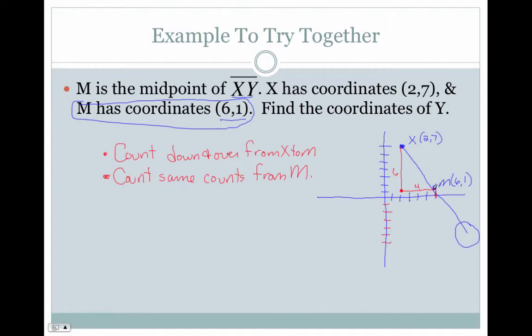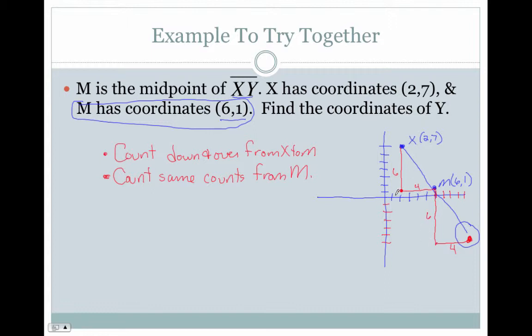All right, let's see. 1, 2, 3, 4, 5, 6. 1, 2, 3, 4. It lands pretty good in there. And if you show these, that's called showing your work.